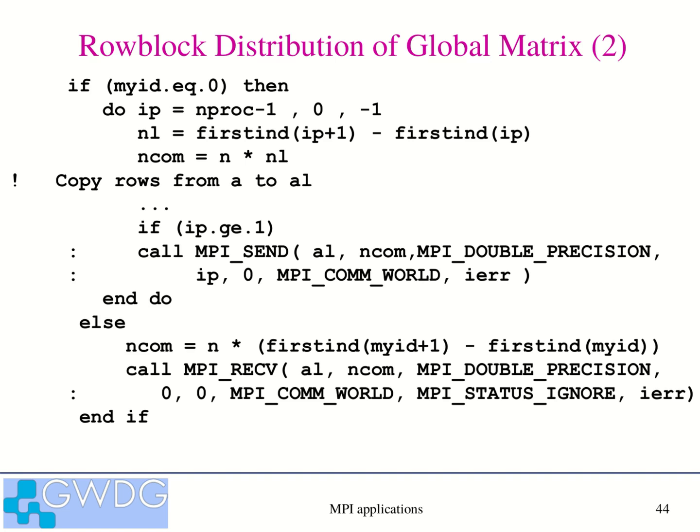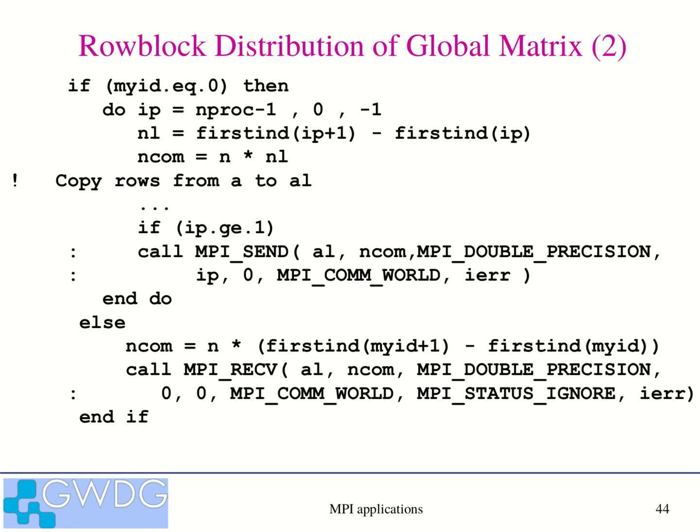And then if IP is greater than 0, you send these values from your local space AL to the address AL in process IP.